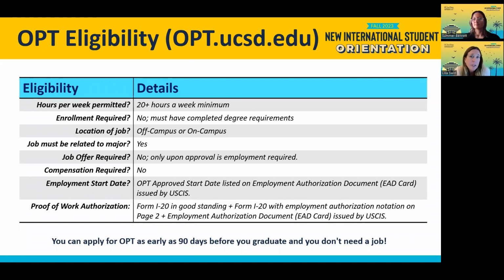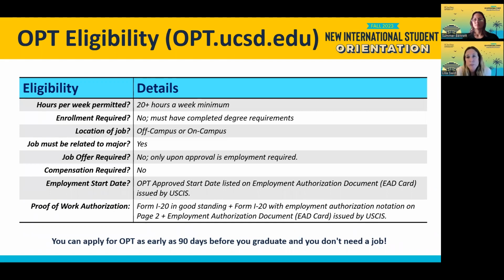Unlike CPT, you'll notice that you do not need to have a job offer in order to apply for OPT. Once you're approved for OPT, you can accrue up to 90 days of unemployment. So you do have time to look for a job, but having a job offer in hand is not part of the application process.